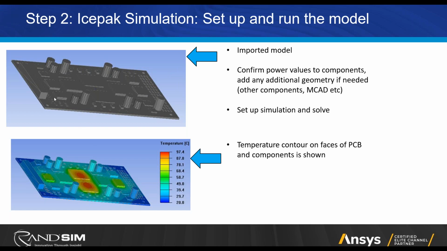You can see all the different packages we have going on: some electrolytic capacitors and then some ICs here. What you'll do is take a look at this imported model, confirm the power dissipation on each terminal, etc. Then you're just going to set up your thermal simulation how you like and solve.